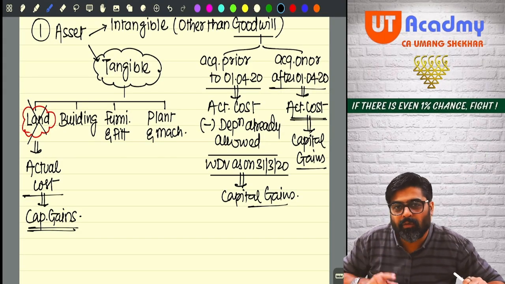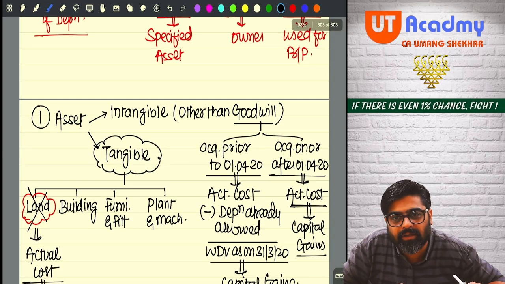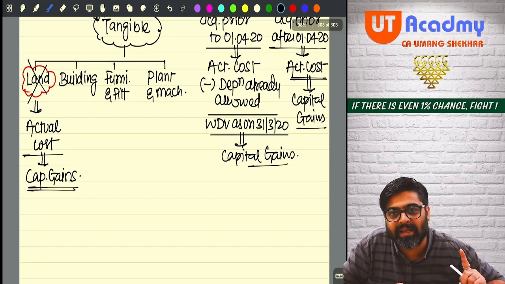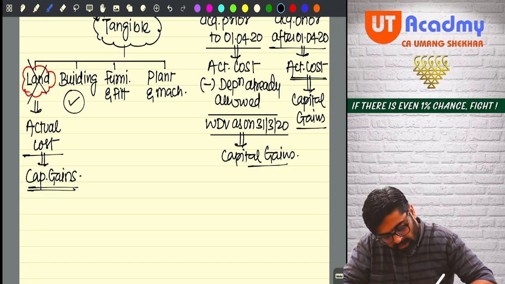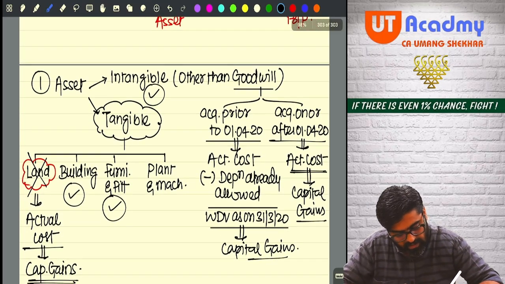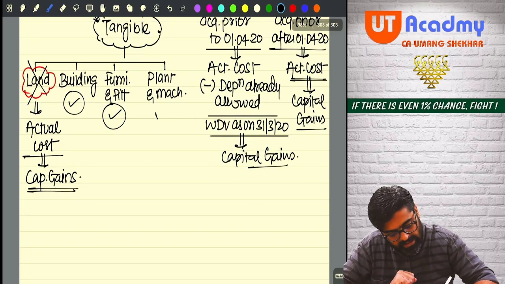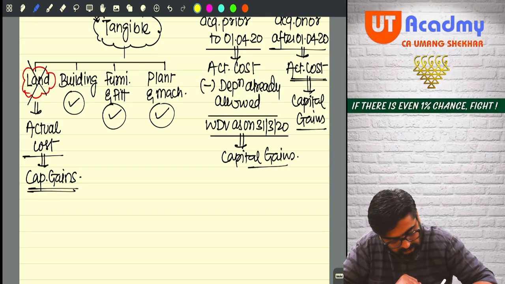Now which assets remain? Come on, tell me. Intangible assets other than goodwill. Tangible assets other than land. And there also, building is eligible, furniture and fittings eligible, intangibles eligible, and plant and machinery also eligible. Now wait, what do you mean by plant and machinery?